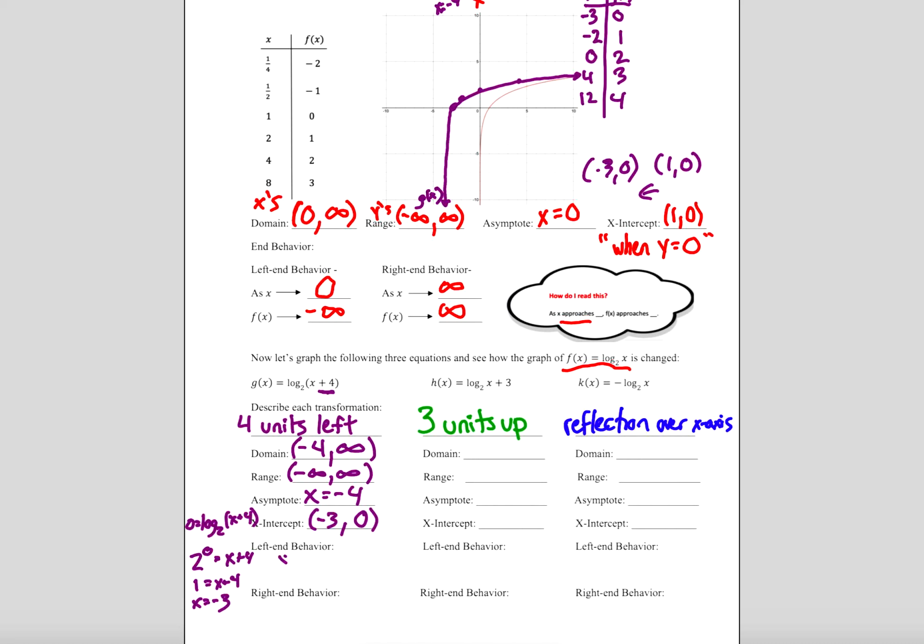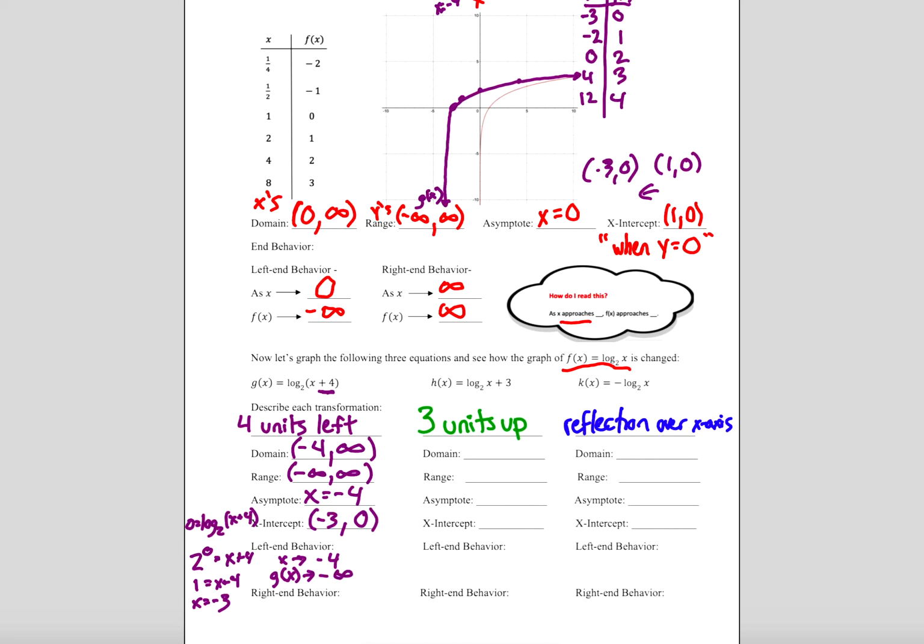Now the left behavior, look to the left. As we look to the left, x is approaching negative 4. So as x approaches negative 4, the y, or I guess it would be g of x in this case, the g of x continues to go down. So that would go to negative infinity.